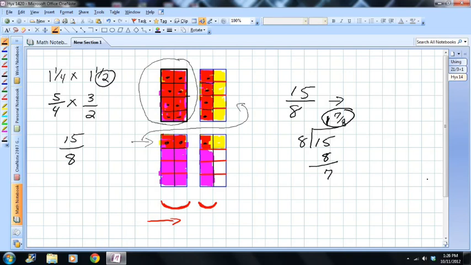So we're going to take those three and we're going to move them up here to the top. And now I'm going to go back and erase the ones that I moved because I don't have them anymore.